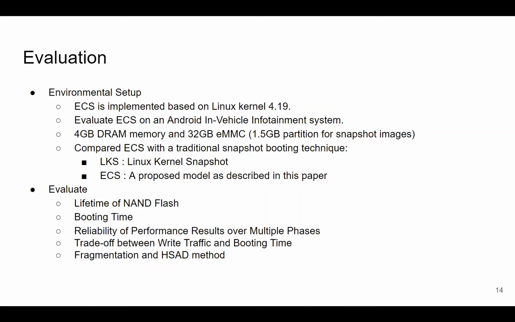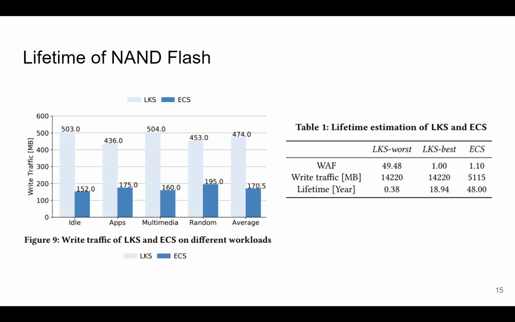We also compared ECS with a traditional snapshot booting technique. Figure 9 shows the write traffic of LKS and ECS. On average, the write traffic on ECS decreases by 2.8 times.